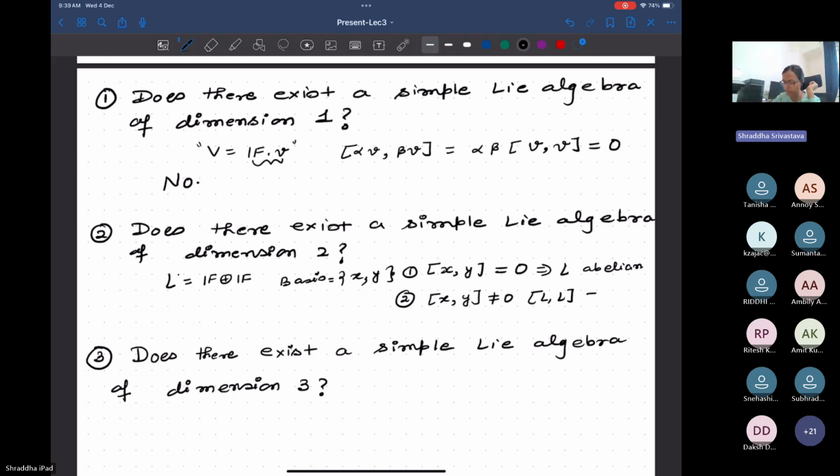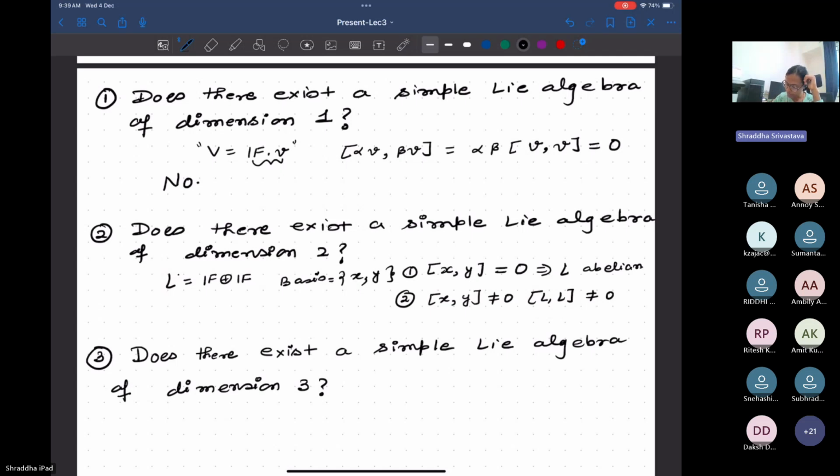Since it is definitely not 0, but can it be the entire L? It is not possible, right? Because from the definition, the derived algebra is the span of all possible commutators, and every commutator is going to be a scalar multiple of the commutator of x with y, because of bilinearity, and L is just two-dimensional.